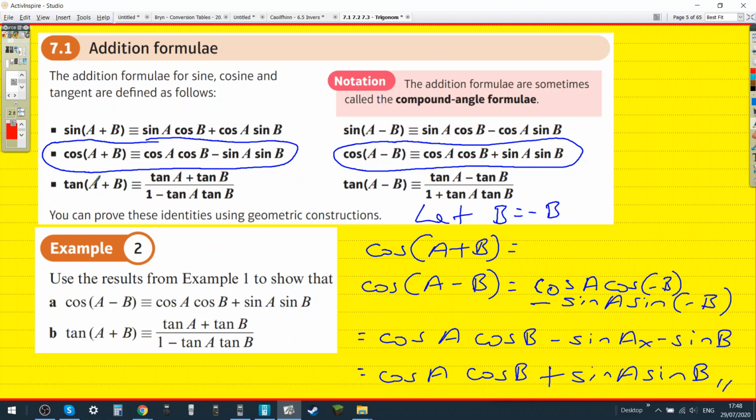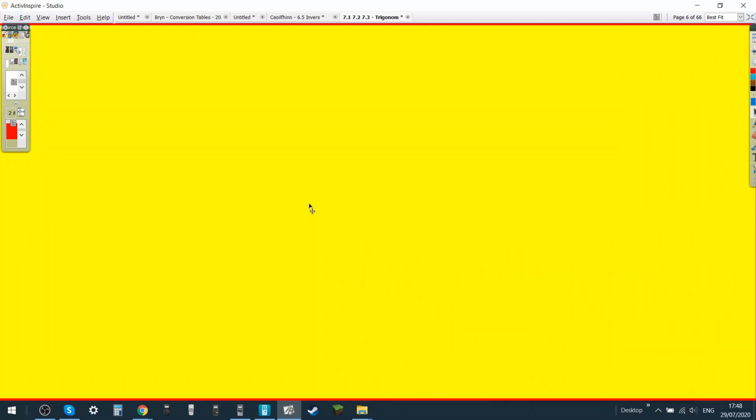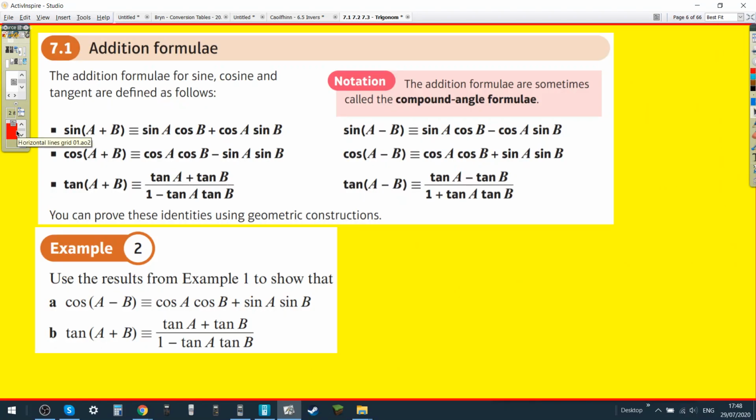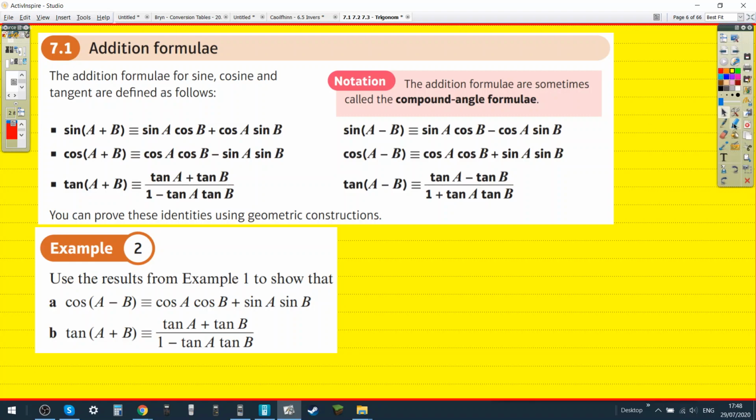Tan. What is tan the same as, in terms of sine and cosine? Tan is sine over cos.